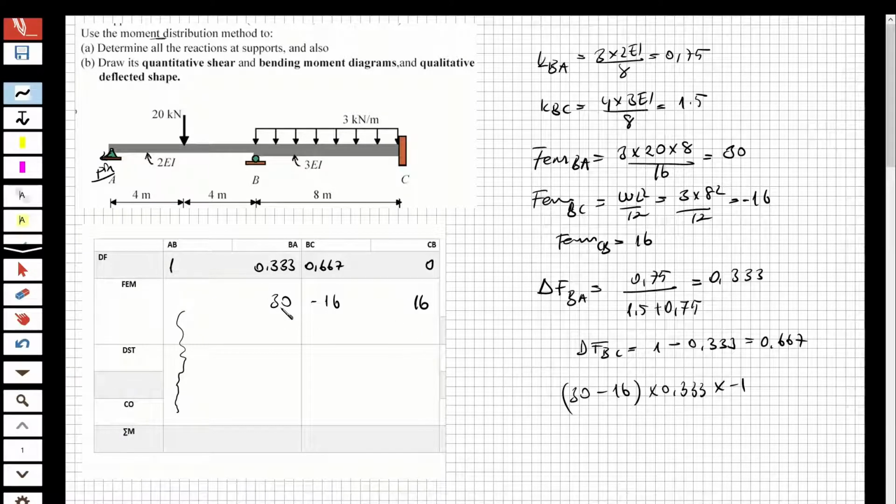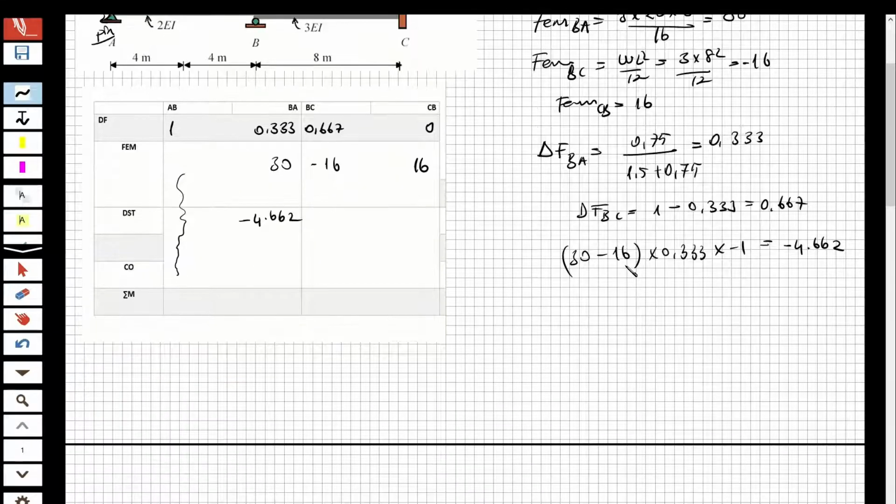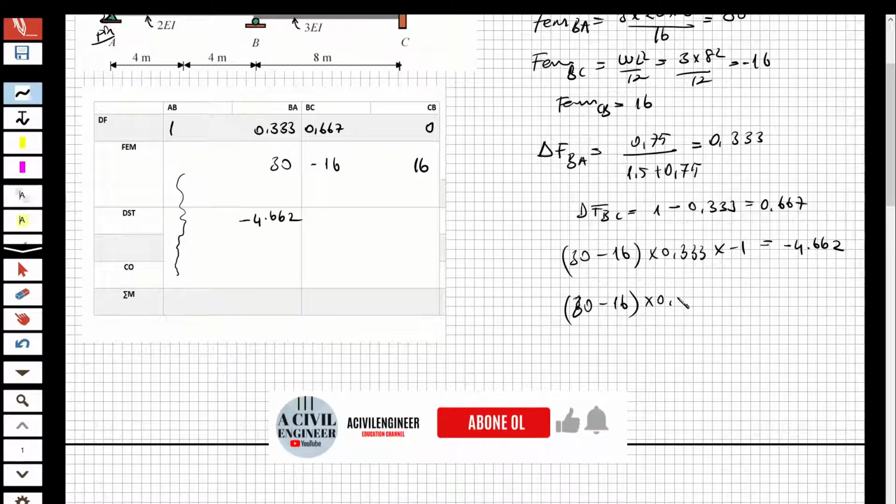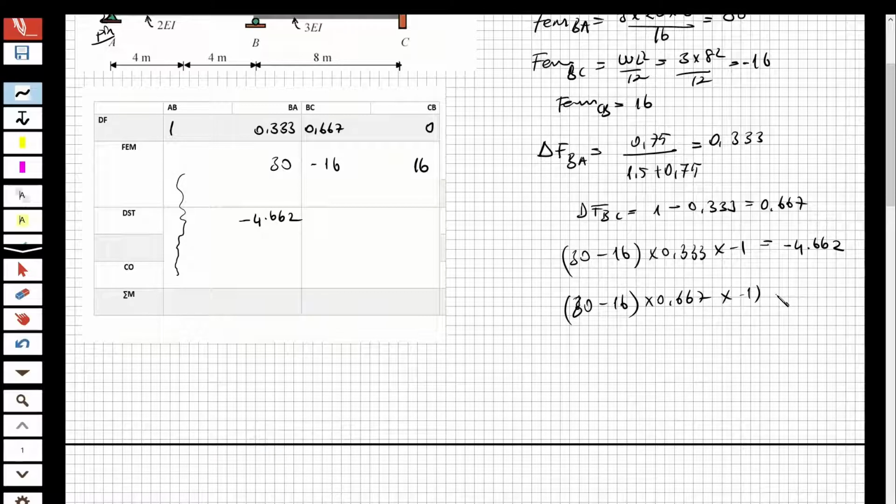As a result of this multiplication we get minus 4.662, and it's calculated like that for this one also. 30 minus 16 multiplied by 0.667 and multiplied by minus 1. And this is going to be minus 9.338.